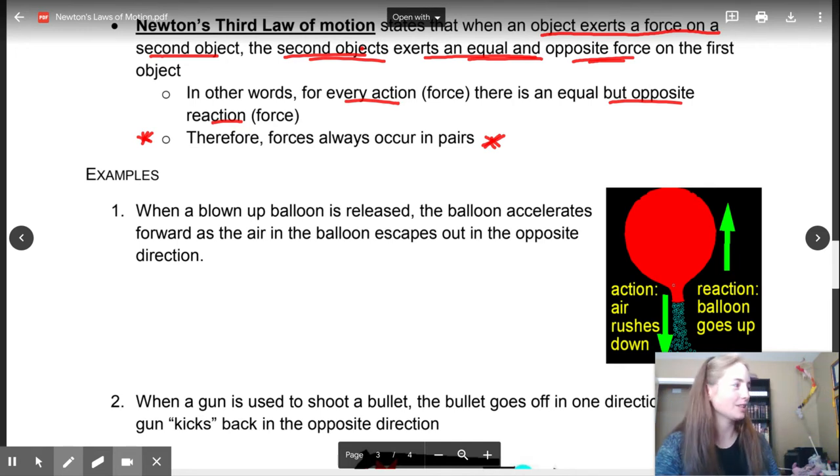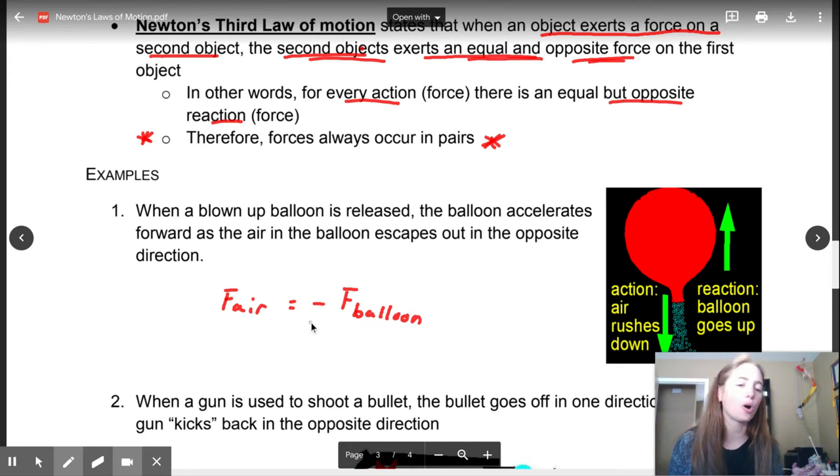So what this means is the force of the air is going to equal the negative force on the balloon. Now, that negative is just telling us that it's in an opposite direction. So the magnitude is the same, but the direction is opposite.